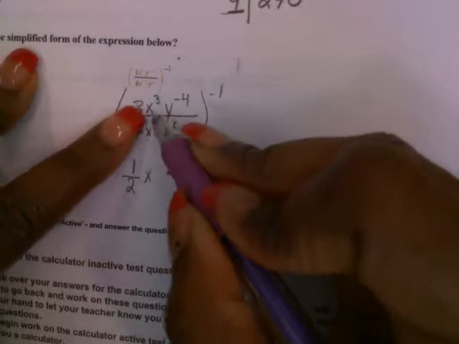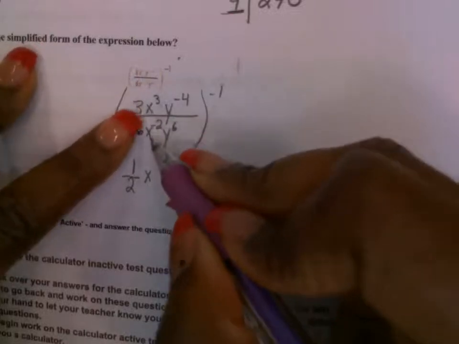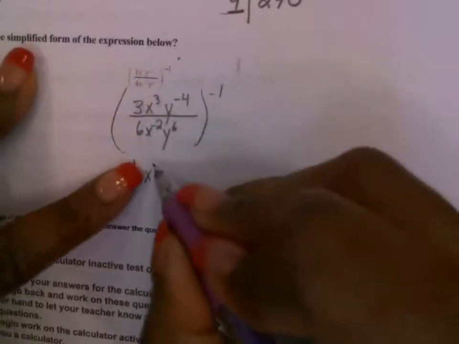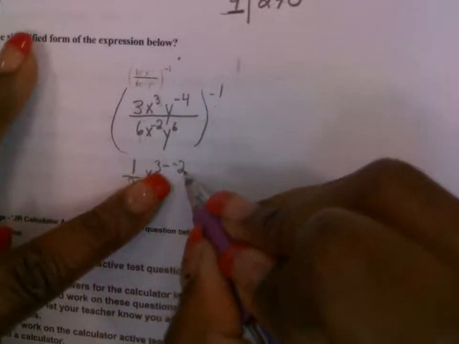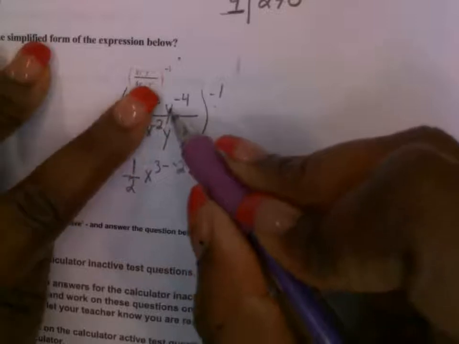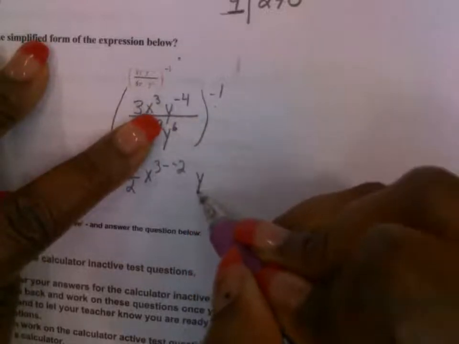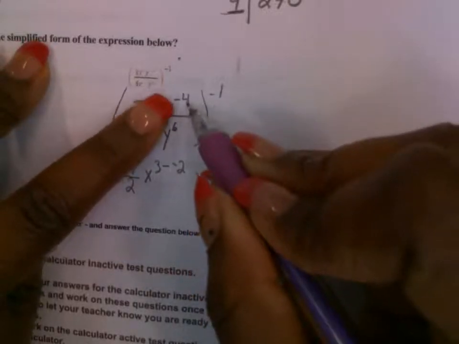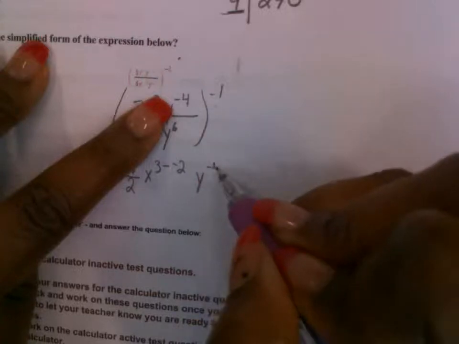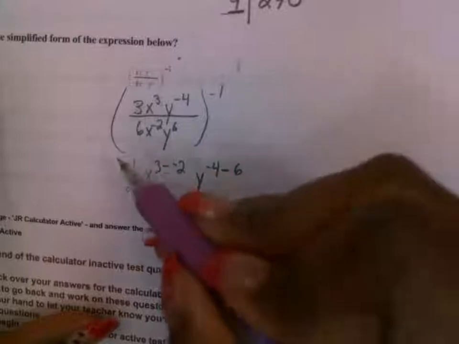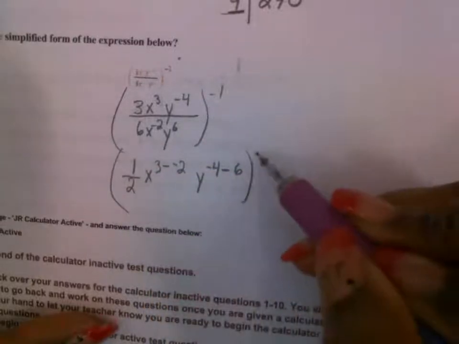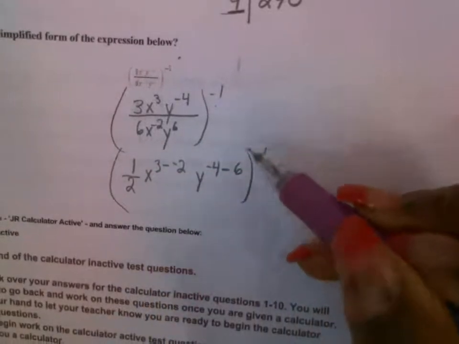Remember, when you divide exponents with like bases, you subtract the exponents. So that's 3 minus a negative 2. And then here, you've got your y's. So that's y. Write this first. Whatever's on top goes first. 4 minus 6. Okay? We're doing all of this in the parentheses first, and then we'll deal with this last.